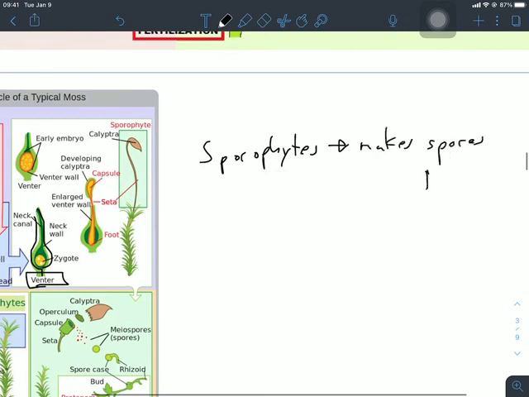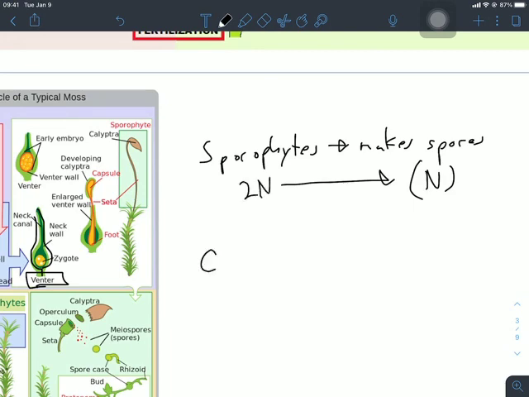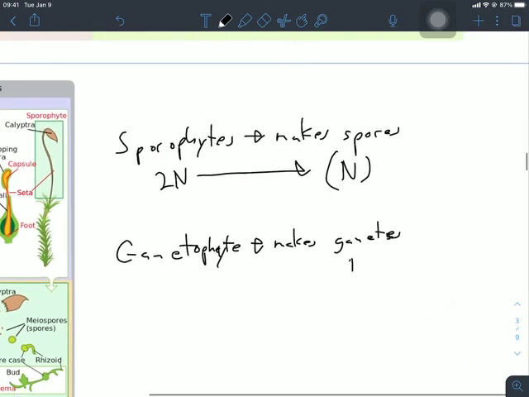Spores are haploid, meaning that the sporophyte is diploid, and the gametophyte makes gametes, or our egg and sperm.